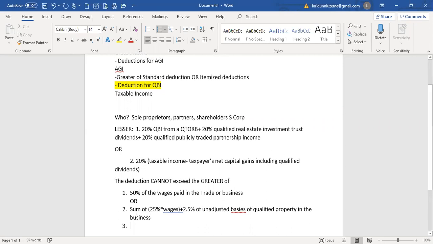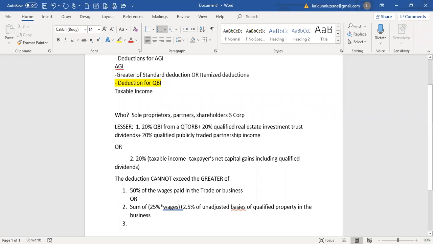So your deduction after the first calculation cannot exceed the greater of these two amounts. I know this is getting crazy, but Congress created it, so we've got to deal with it.